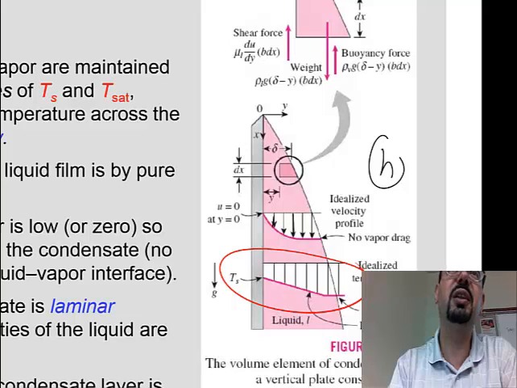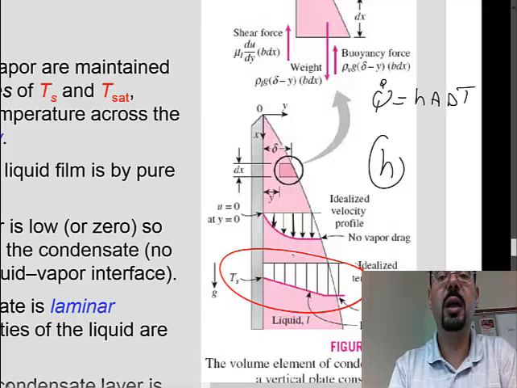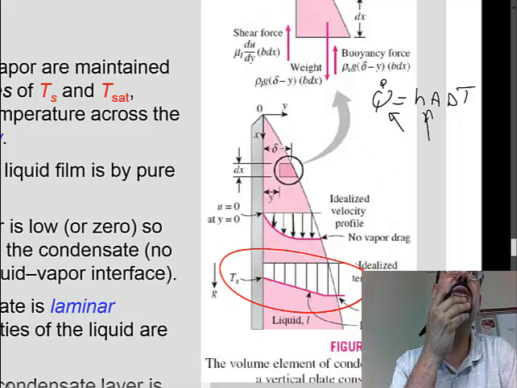What equation has the H in it so that we can calculate the H from it? There's Q dot, which is H A delta T. I bet we have to calculate this Q from somewhere else so that we can calculate the H from this one. No, we can't. That's just too much.